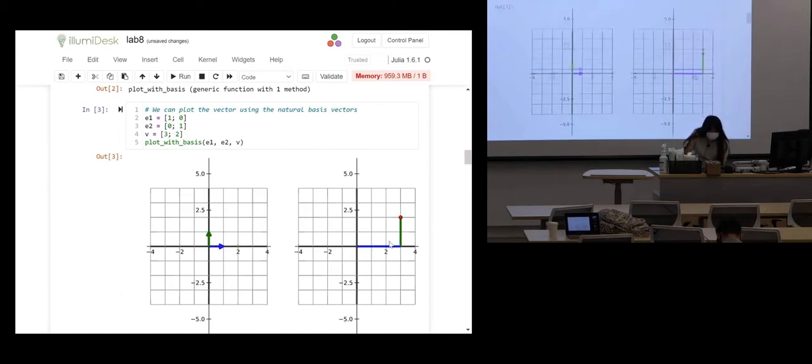And then in the second plot, the red point is the vector V we provide for this function. It's 3 and 2, and we can see that 3 is the coordinate for the first basis E1, and 2 is the coordinate for E2. Are there any questions so far?